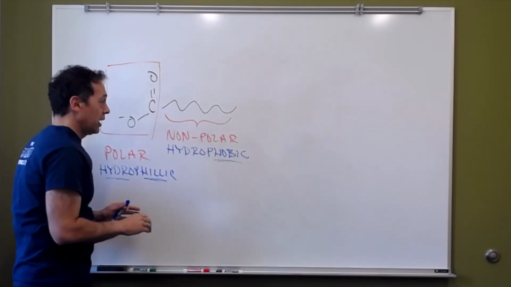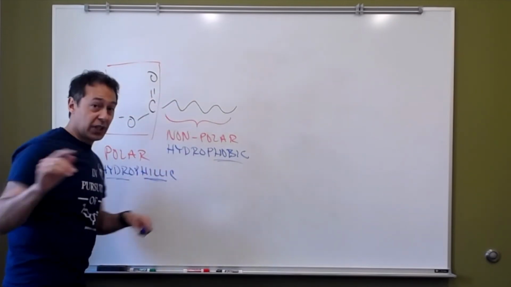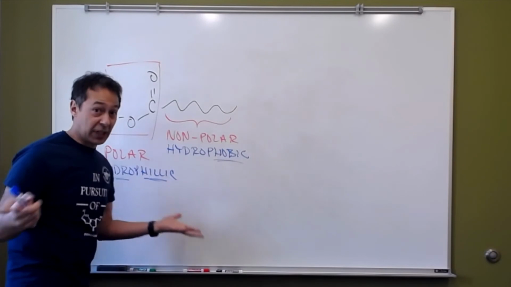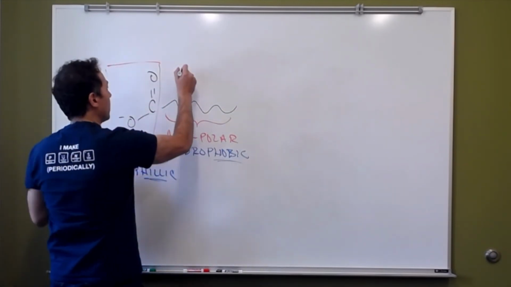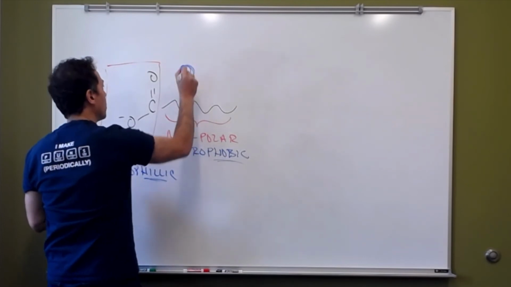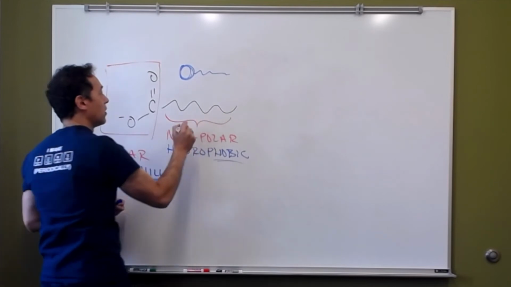And so if we were to take this and just kind of diagrammatically, because I'm lazy and I'm a chemist, I'm going to draw it like this. Here's my hydrophilic end, and then I've got this long tail like this.